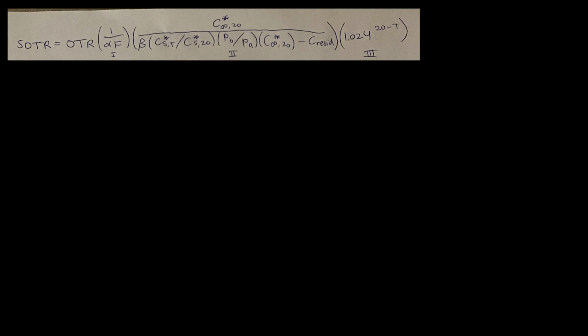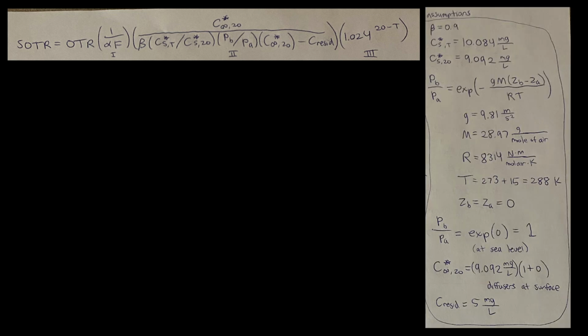So now, using that value, we can calculate SOTR, which is the standard oxygen transfer rating needed in order to determine our aerator requirements. So here's the equation for SOTR. OTR is the value that we calculated in the previous step, and that value is adjusted by three different factors.